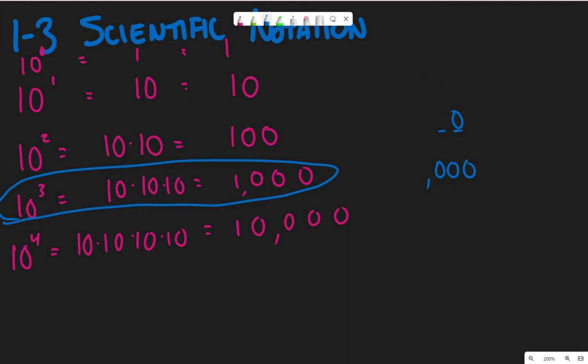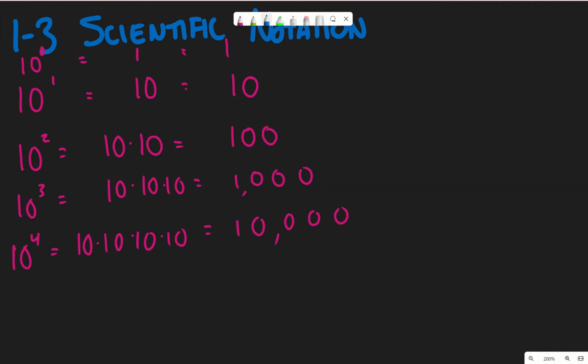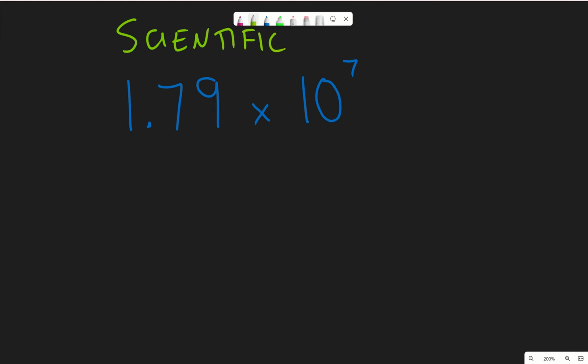Okay, so if I were to go back, let's start this again. Let's say I have the number 1.79 times 10 to the power of 7. This right here is scientific notation.